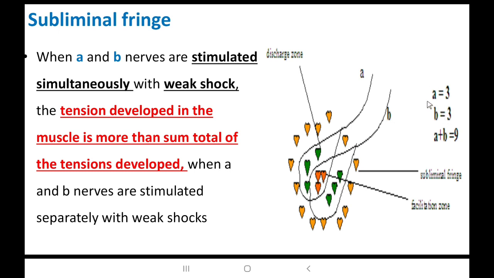But if they are stimulated collectively, the response should be 3 plus 3, 6, but not in the subliminal fringe. The response is 9, more than the individual sum. This is called subliminal fringe.